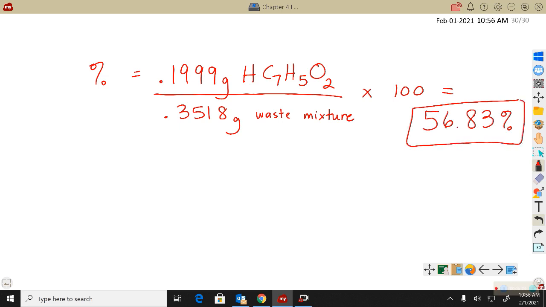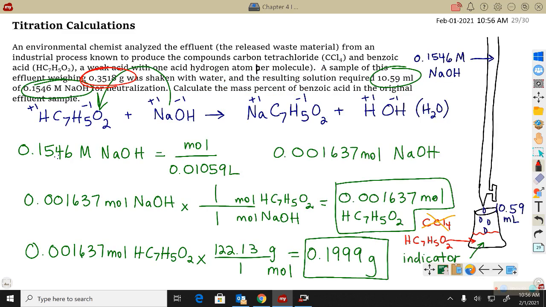There. So I get that there's a lot of vocab like the buret and the titrant and the analyte and the equivalence point and neutralization. But when you scale it down, as long as you understand the procedure, the calculations are not meant to be crazy.